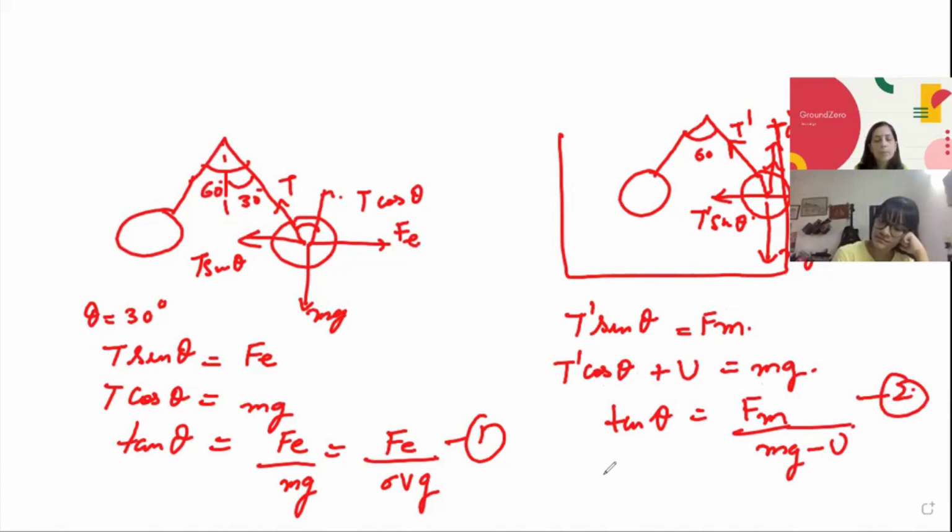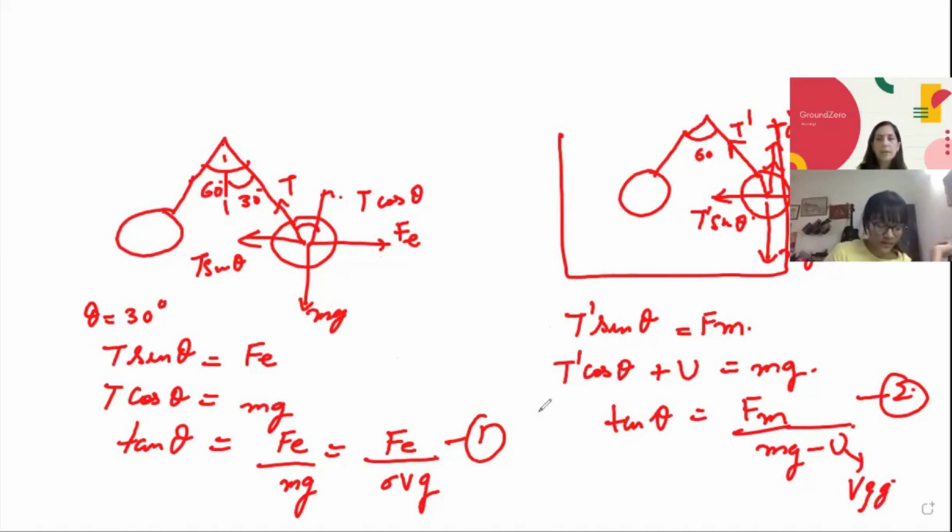Now, what have they given? You have found tan theta, yes. They have given rho also, right? So where do you use that? To find the upthrust value. What is the upthrust value? V rho g. You put that value and then you solve the equation. Have you solved?